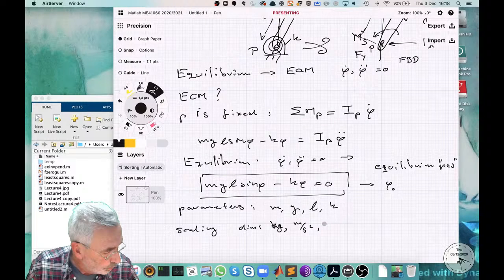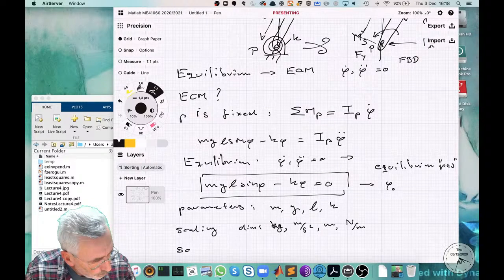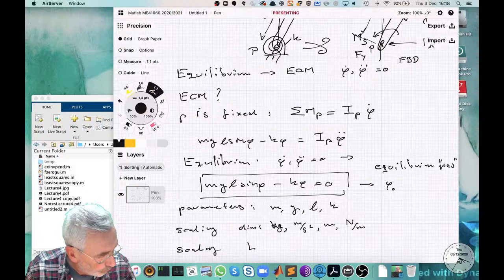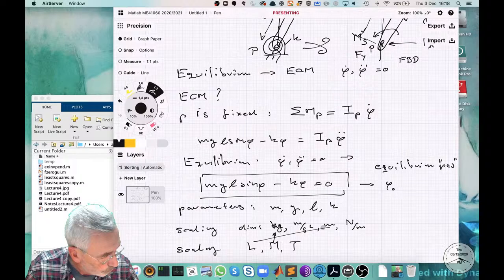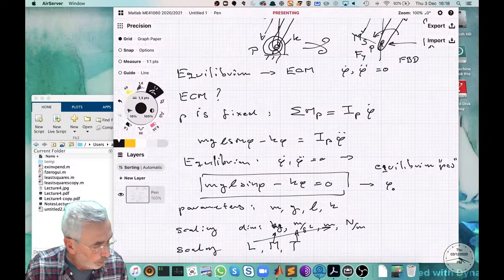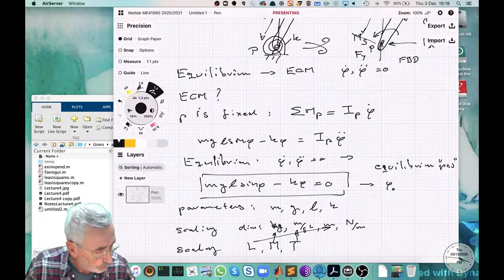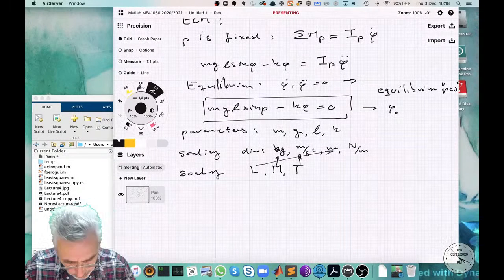So we can do scaling because we have length, mass and time. Here we have the mass, we have the length, and time is hidden into gravity acceleration. Things on the moon, you can jump higher on the moon than on Earth, well, whatever.